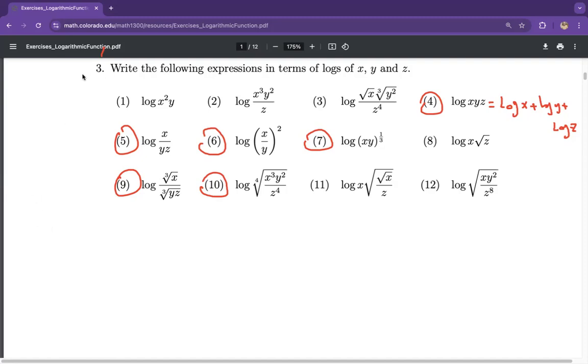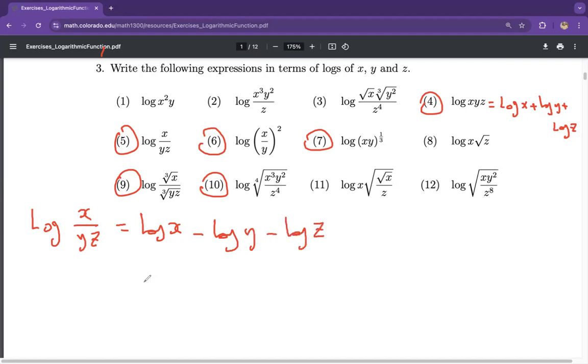So if I have log x over y z, anything that you divide by takes a negative sign. Even though they are beside one another like this, what you should have written is log x, because that's on top, and anything on the bottom takes a negative.